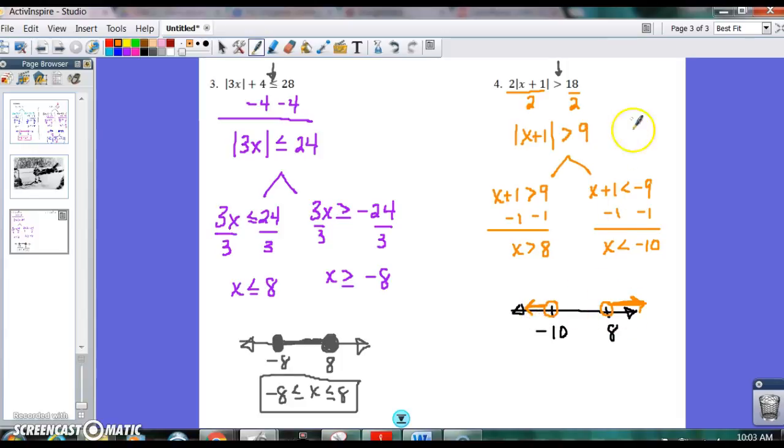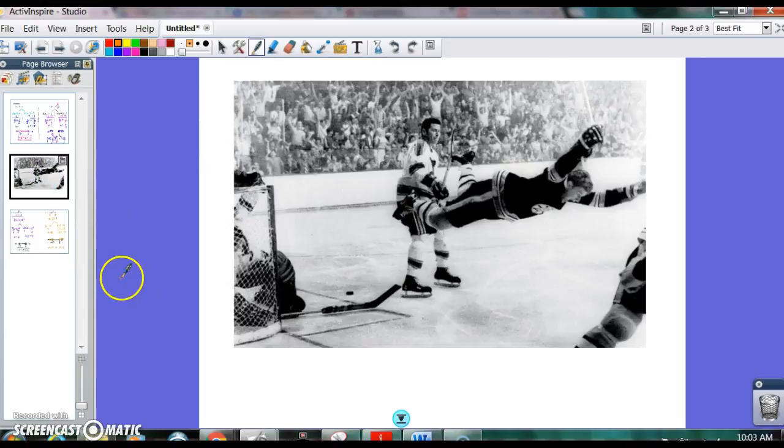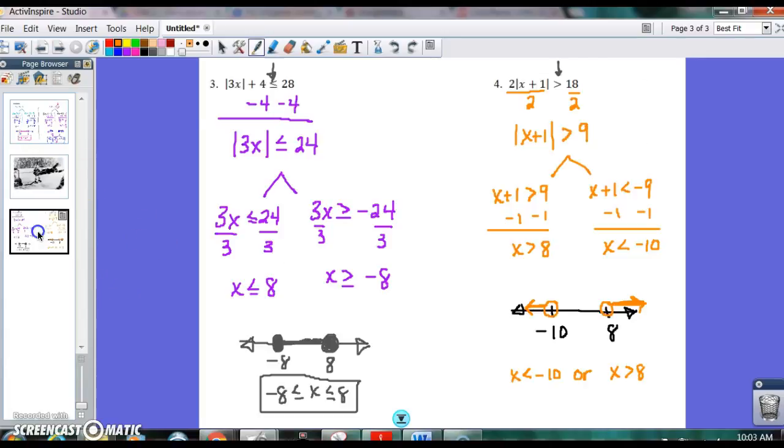I shaded away because I have a greater than, and nobody is greater than Bobby Orr, so I have an or in my answer. I have x is less than negative 10, or x is greater than 8. Why? Because nobody is greater than Bobby Orr. Okay, and that is your answer.